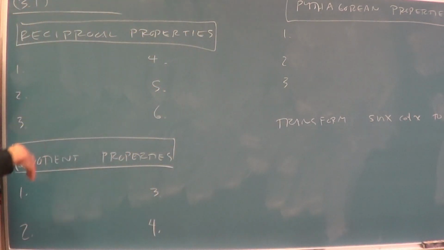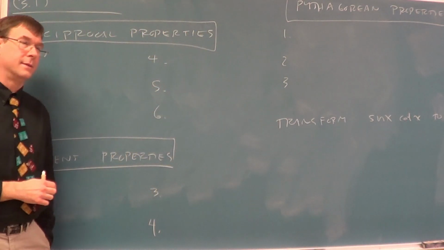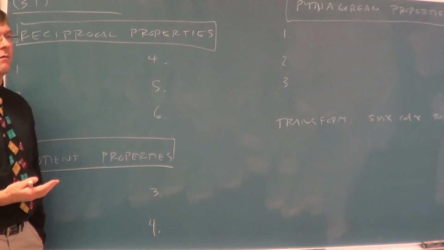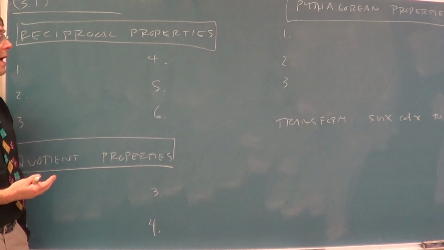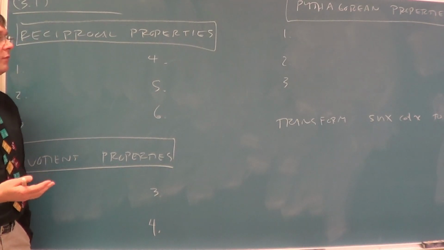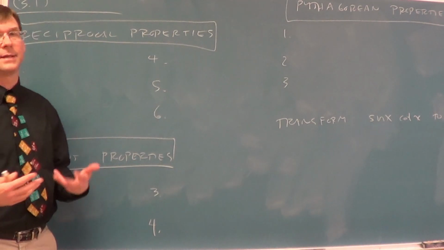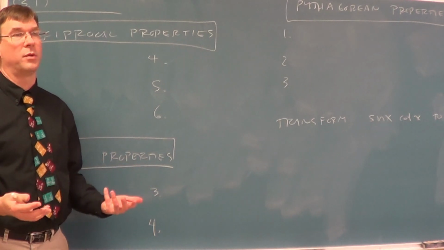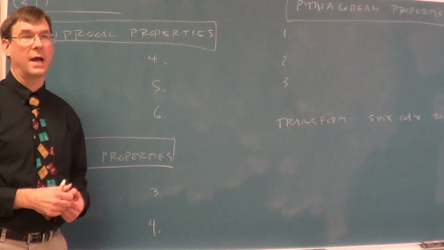So the first category is called reciprocal properties. So what's reciprocal mean from your 7th grade sort of old math life? It's like flipping stuff. Okay, what trig words have had something to do with stuff getting flipped? Who connects to who?